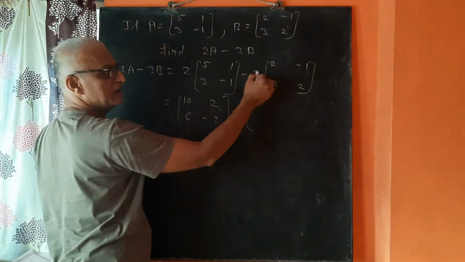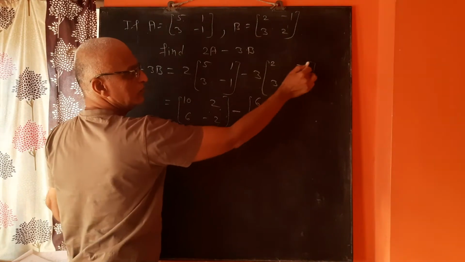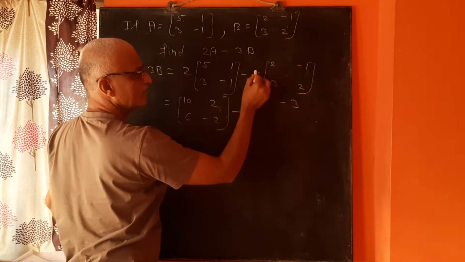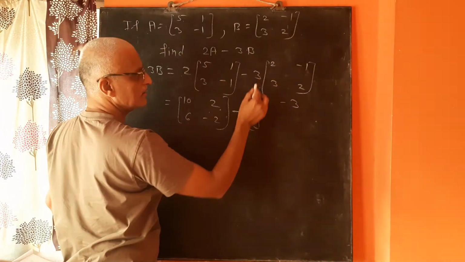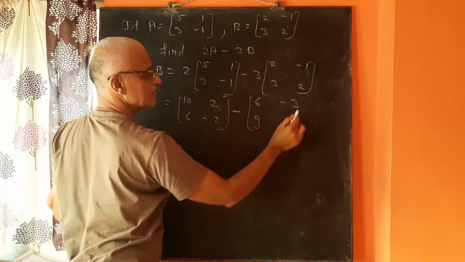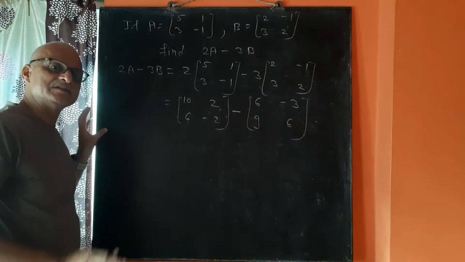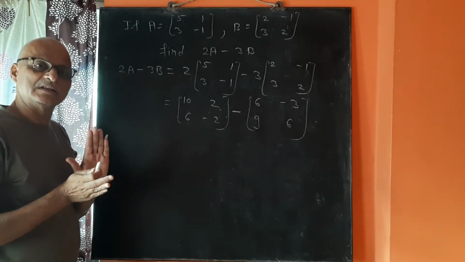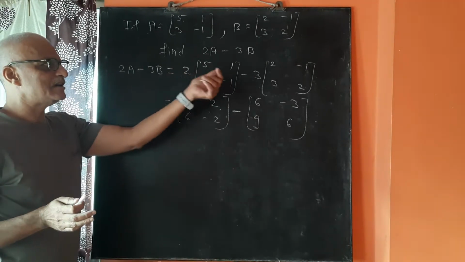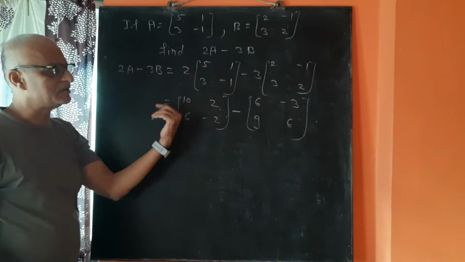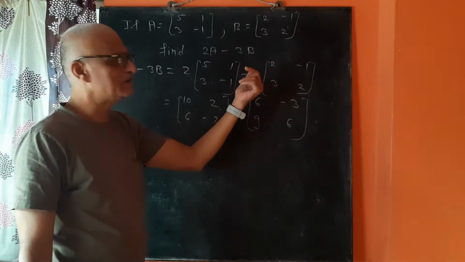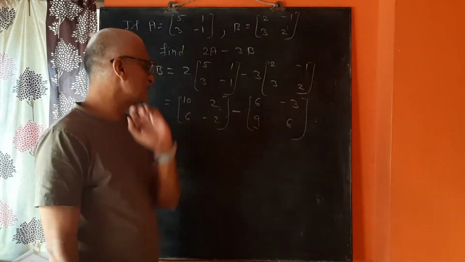Again, multiplying 3 inside of the matrix: 3 into minus 1, that is minus 3. 3 into 3, that is 9. And 3 into 2, that is 6. What I have done is just a simple multiplication. Taken 2 inside of the matrix, that means the scalar multiplication. This is also scalar multiplication, taken 3 inside of the matrix.